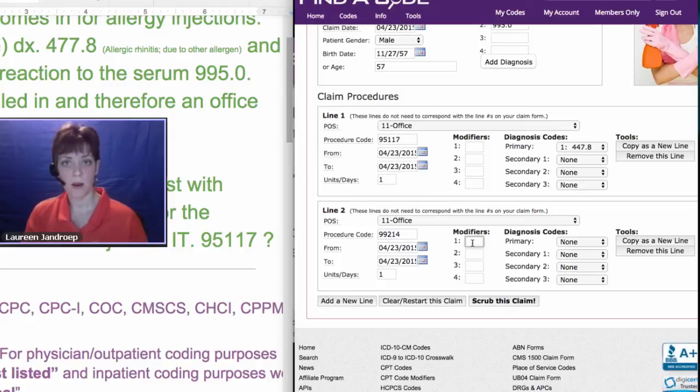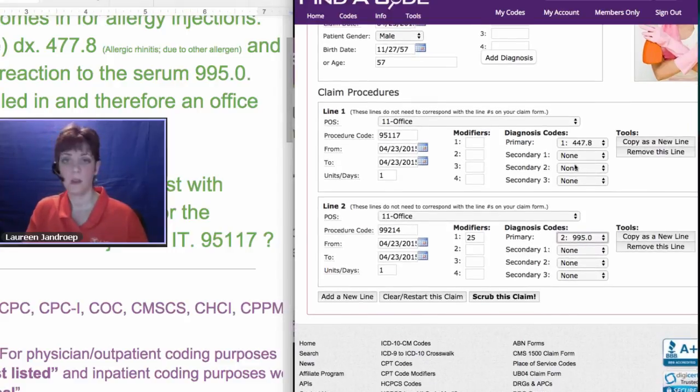Now, this is where I'm advising you to put modifier 25 on, to tell the story that this E&M is significant and separate from the 2 shots. And what diagnosis do we want to go with this one? It's going to be the reaction that happened. In some cases, you could have both diagnosis codes support each procedure, but in this case, that isn't the story that we're trying to tell.